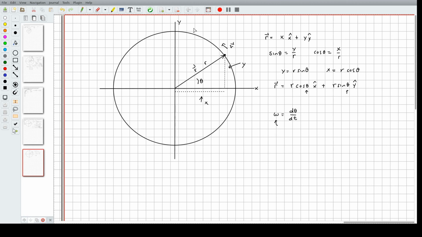Now, with uniform circular motion like this, omega is constant. Now, at this point, you should have had enough differential calculus to note that if you take the derivative of something and you get a constant, originally what you had was a constant times a time, or a time raised to some power, that is, the first power.